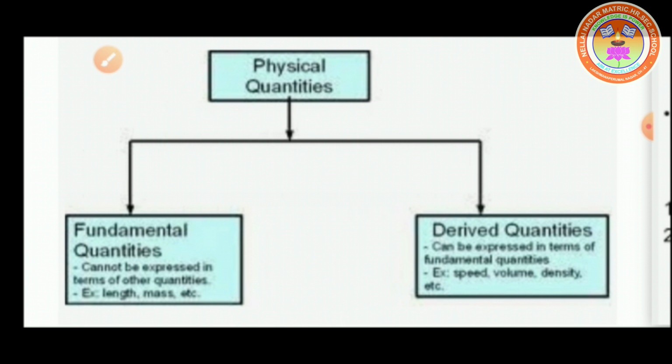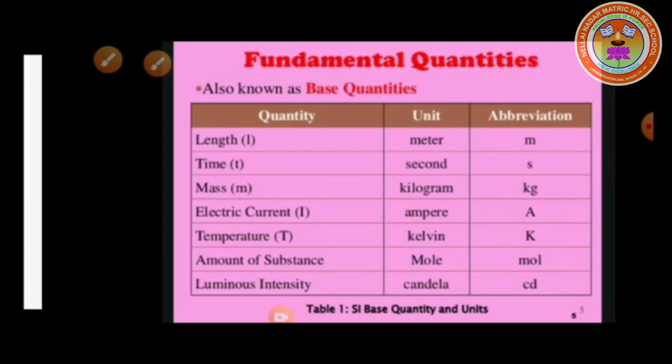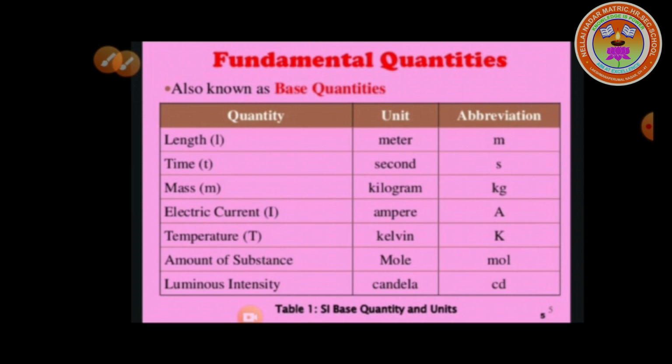So students, I hope you understand what we discussed here. First we discussed what physical quantities are, what the types of physical quantities are, and the definitions of the fundamental and derived quantities. And now let us move on to the fundamental quantities.